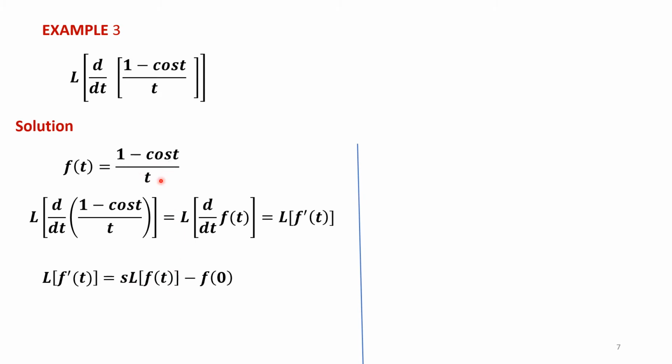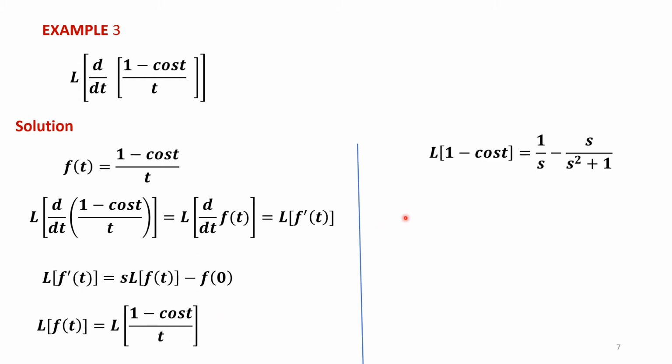Again we have division by t, so we apply the division by t property: calculate the Laplace transform of the numerator, and integrate the answer with respect to s between the limits s and infinity. So first we have to calculate L of 1 minus cos t.